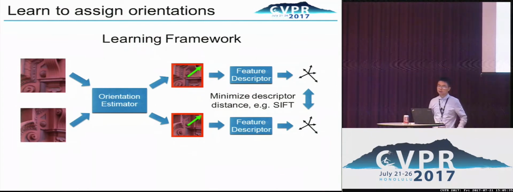An orientation estimator is implemented by a Siamese CNN network. The learning target is to minimize the descriptor distance of the corresponding key points. That is, the objective is to learn the orientation for descriptor matching.